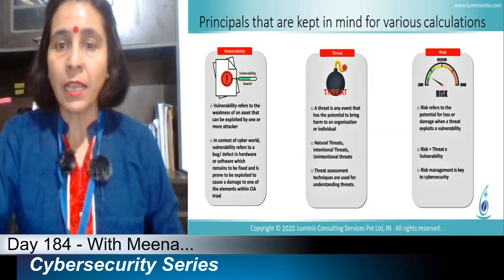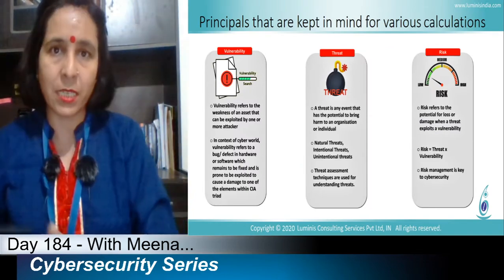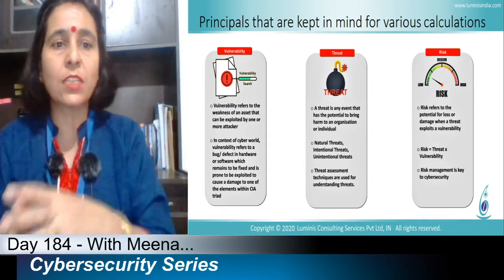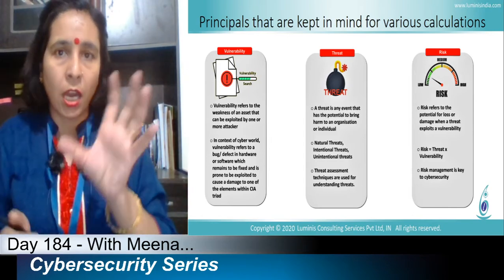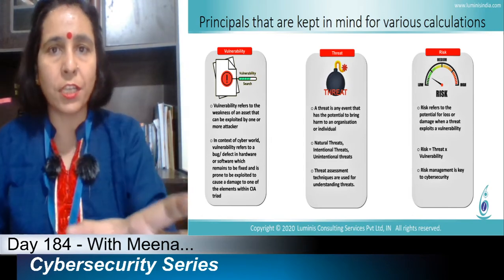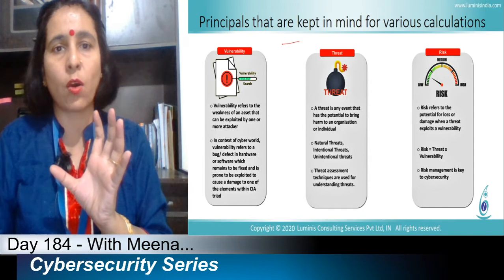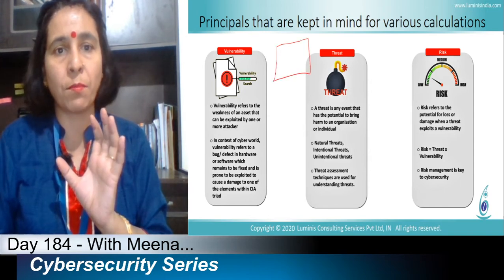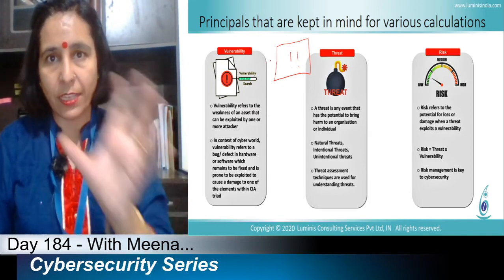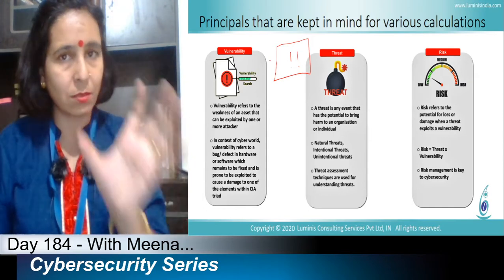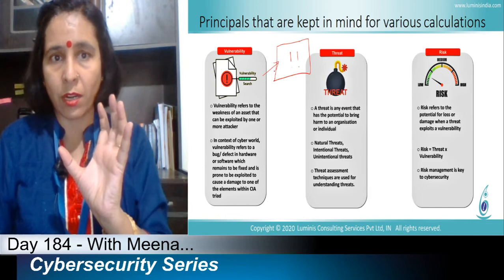And when we are doing these three steps, we need to keep in mind these basic 3 principles, which are applicable to every cybersecurity related issue. First of all, we need to understand our organization completely. We must know where we have our assets, where we have our servers, and what kind of vulnerabilities exist in our organization.